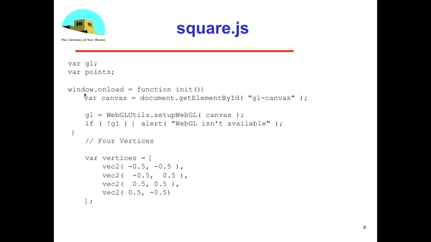Window is known outside of JavaScript. Scoping in JavaScript is different than it is in other languages, and window is something that is defined outside and is known at that point when you've opened up the window in the HTML file. So we're saying when that's loaded, the other issue that's going on here is the execution model in HTML is different from what you're probably used to with standard programs that call functions, or if you've ever done OpenGL in C and C++.